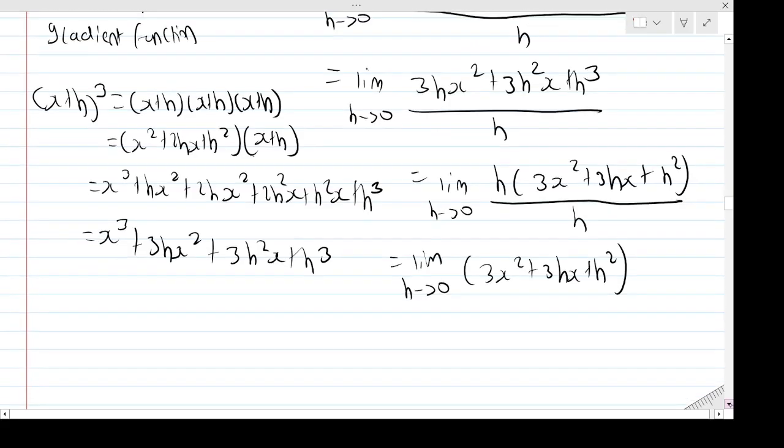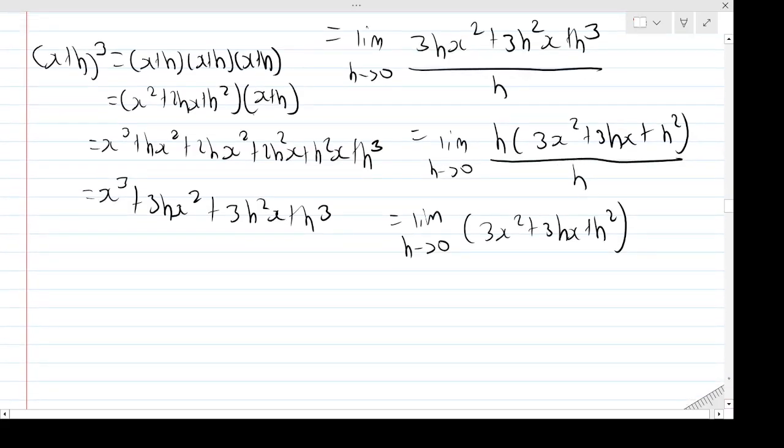Okay, obviously I can't do anything more with that, but then I can see what happens when h is going to 0 by basically just seeing what happens when h is 0. So as h is 0, the expression becomes 3x squared add 3 lots of 0x add 0 squared.